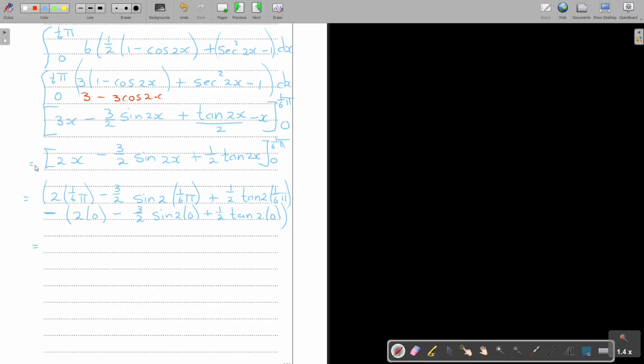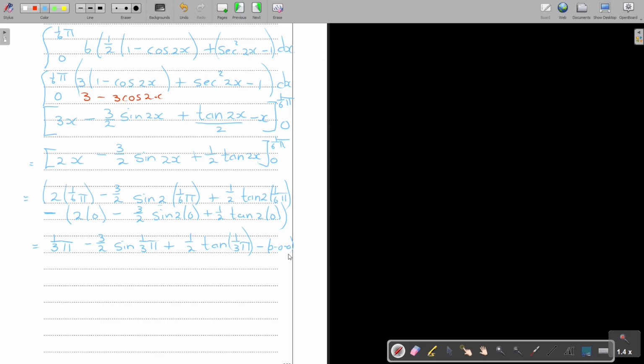Okay, now I can start simplifying. So this is 2 over 6, so it will be 1 over 3 pi, minus 3 over 2 sin. I will now substitute 1 over 3 pi, exactly the same because it's 2 over 6, plus a half tan 1 over 3 pi, minus, and then it's just 0 minus 0 minus 0.